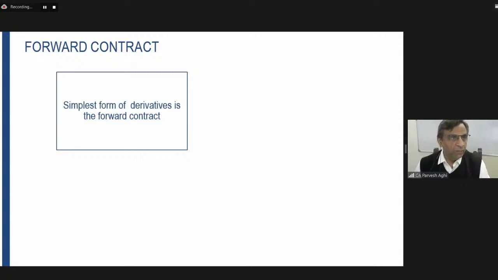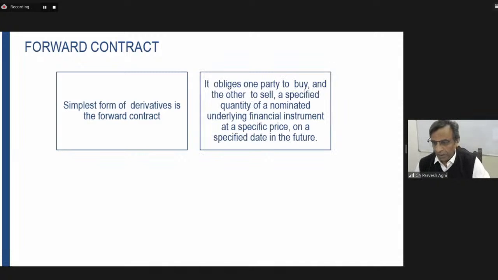The simplest form of derivative is the forward contract. It obliges one party to buy and the other to sell a specified quantity of a nominated underlying financial instrument at a specified price on a specified date in future. That means you, as a customer, buy, and the other party, normally a bank, sells.